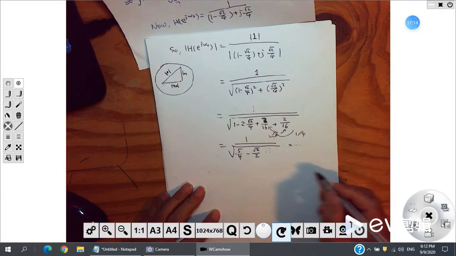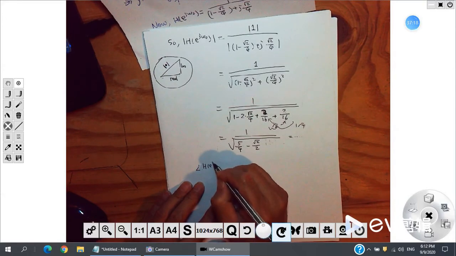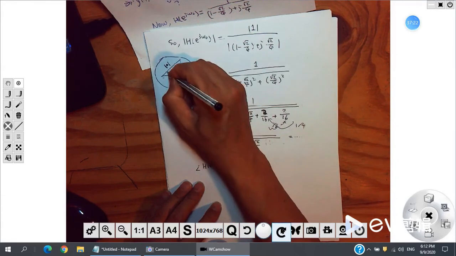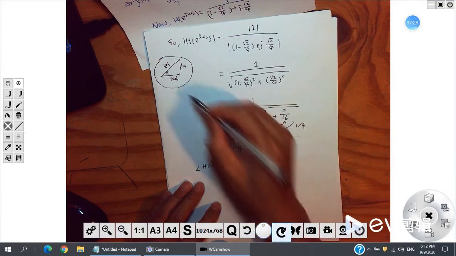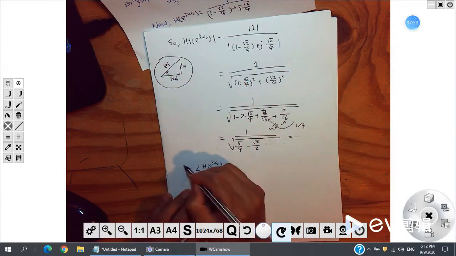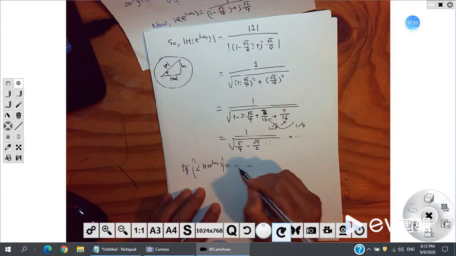And then the angle. What is the angle? We want to know the angle. I know what the real and the imaginary parts are, so the tangent of it will equal the imaginary part over the real part.